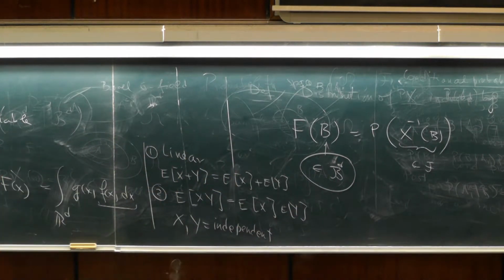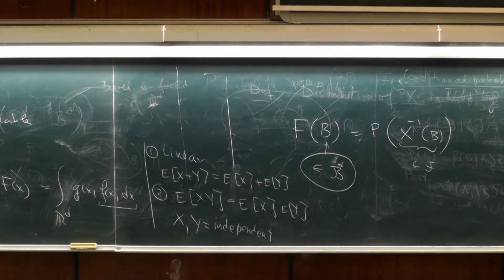Of course, there are many other properties, but for our purposes in this lecture, this is what we need to remember: linearity, and the expectation of the product of independent variables is the product of expectations.